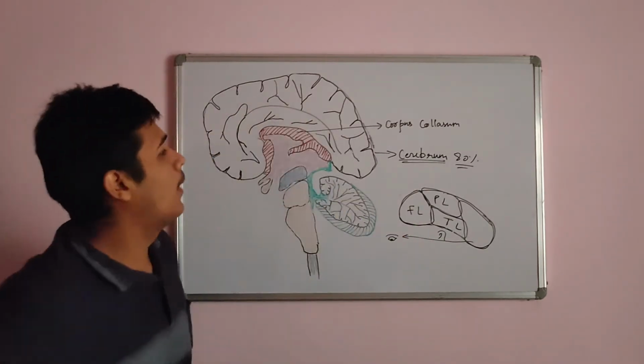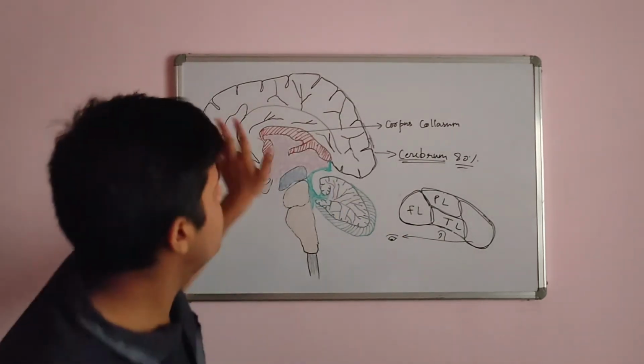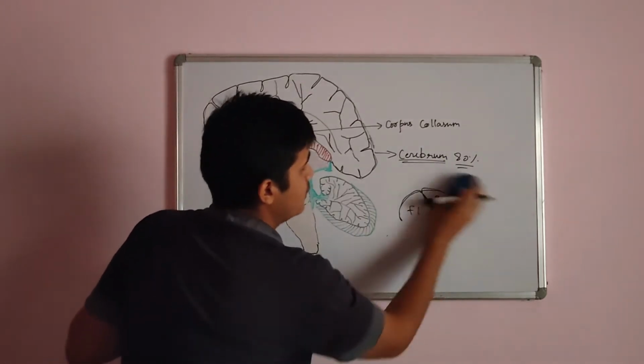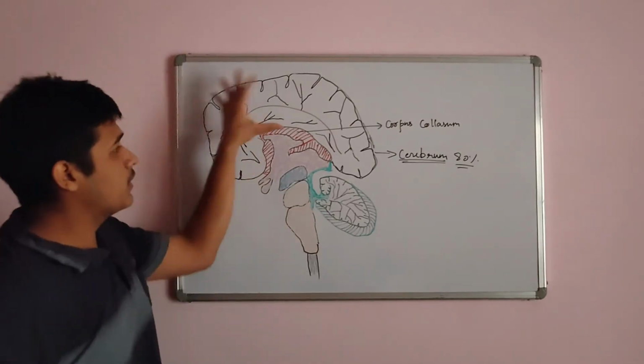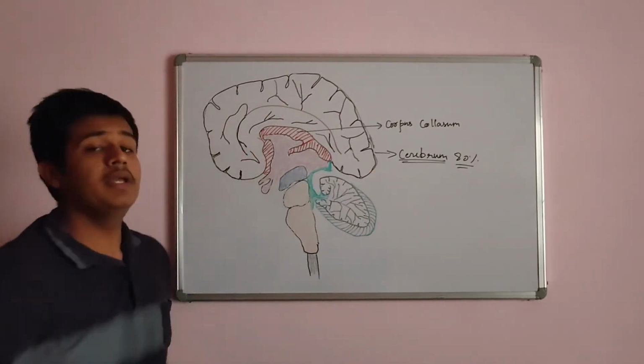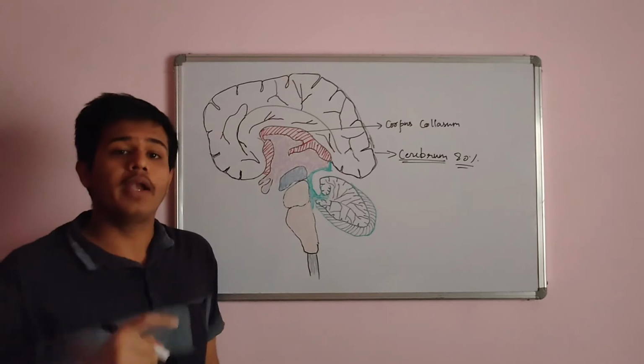So this was about cerebrum. Now in general, the cerebrum is mainly involved in voluntary action.